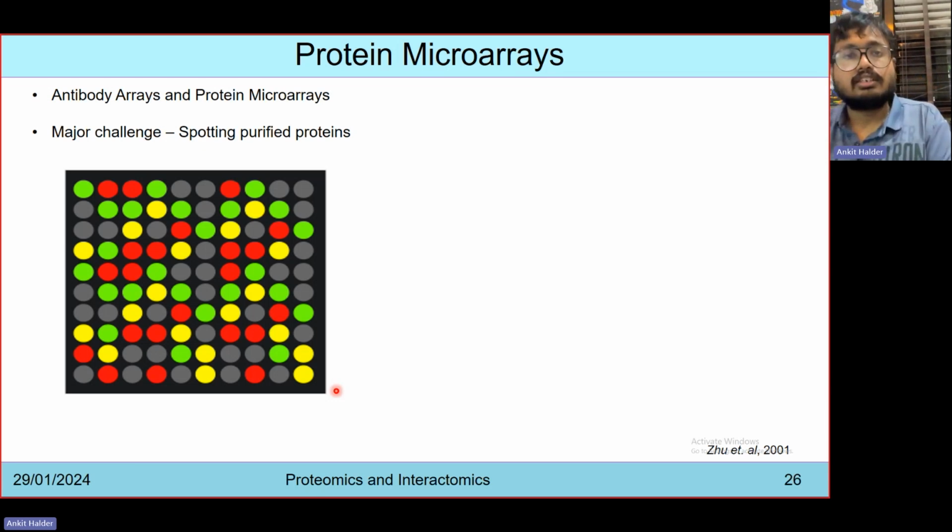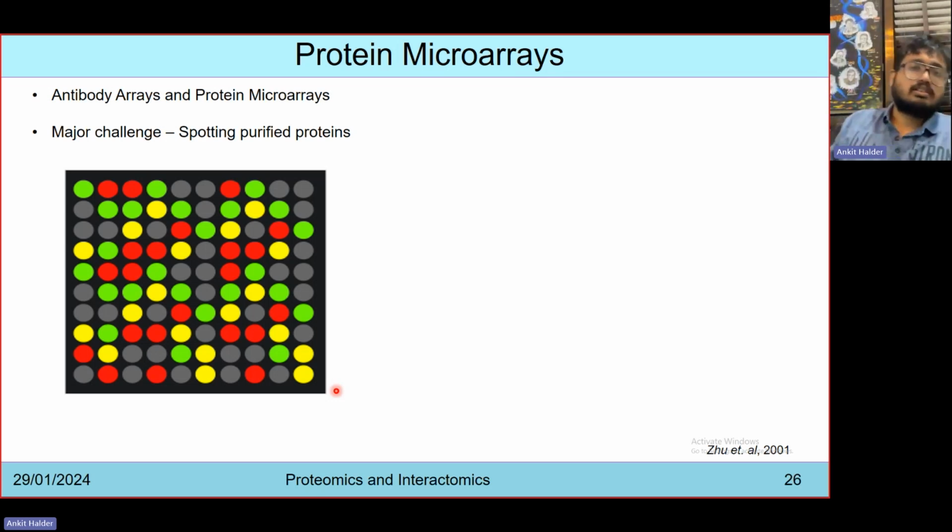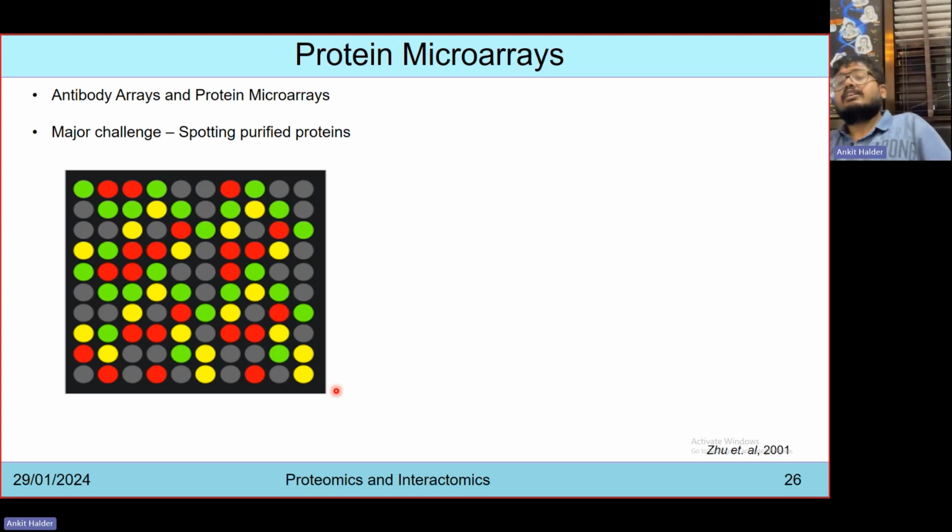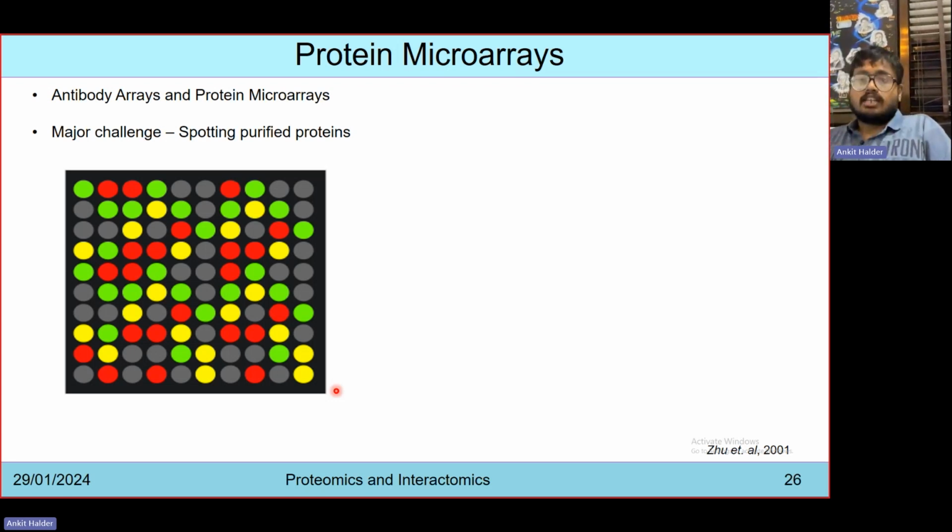Now comes a high throughput technique, the protein microarrays. Protein microarrays can be of two types: antibody arrays and protein arrays. One way is to have all the antibodies printed onto a glass slide, and another way is to have all your proteins printed on it.